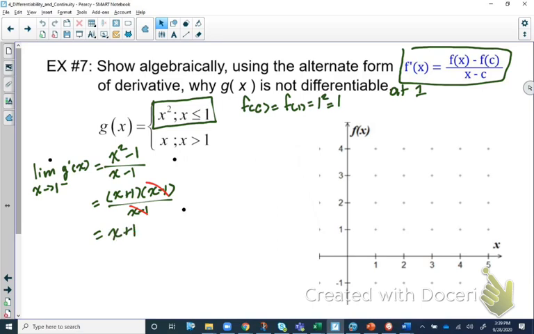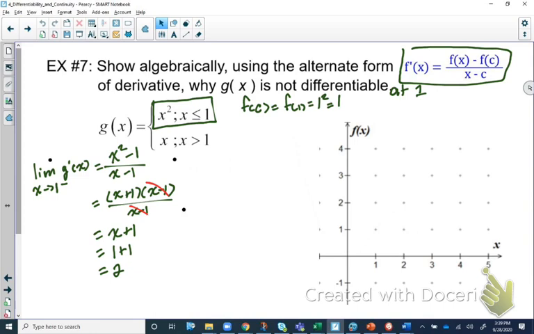And so now when I plug in the 1 from the left-hand side, we'll just do direct substitution. 1 plus 1 gives me a limit of 2. So the slope of the derivative should be 2 as x approaches 1 from the left side of the function.